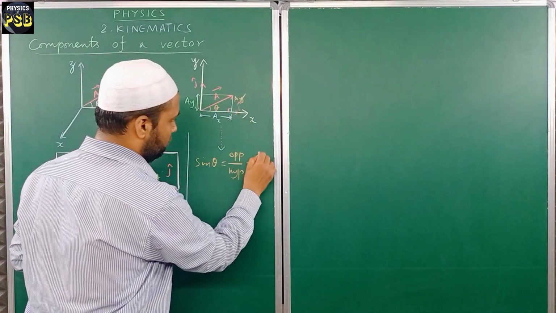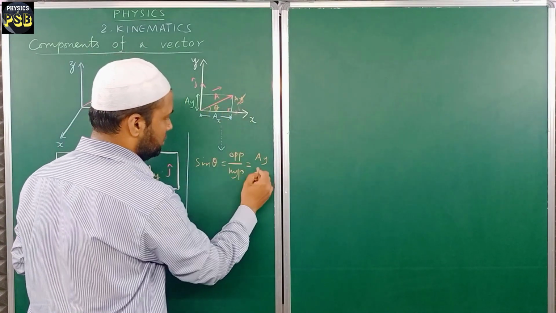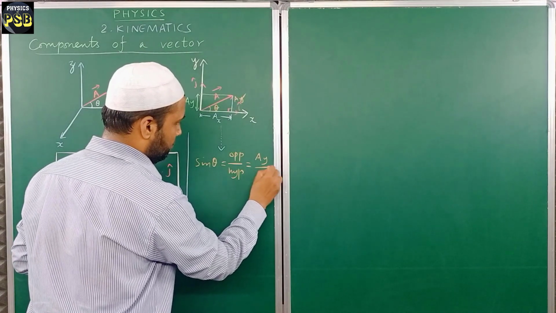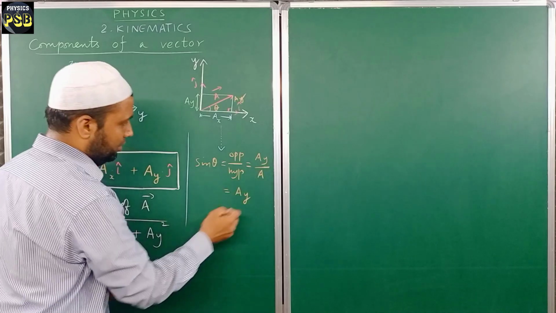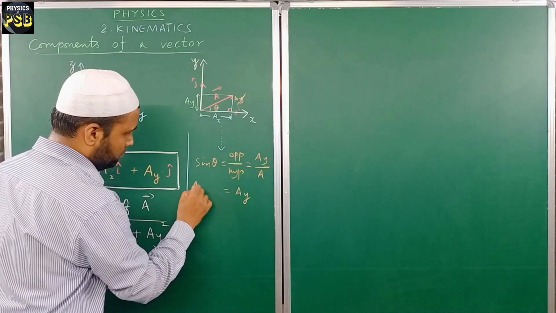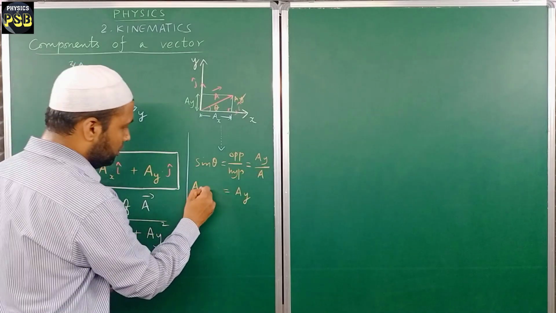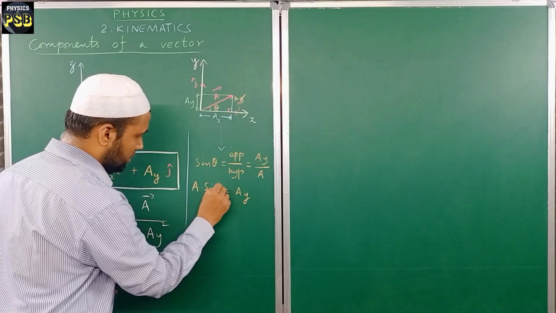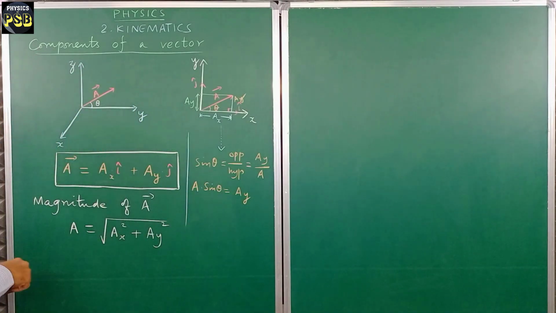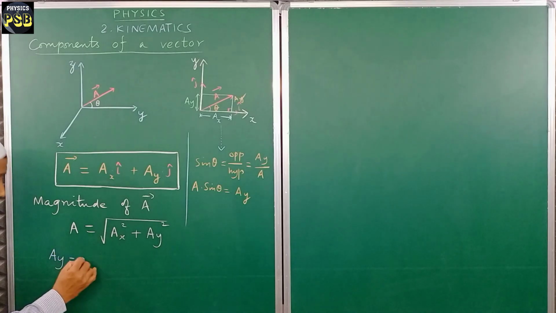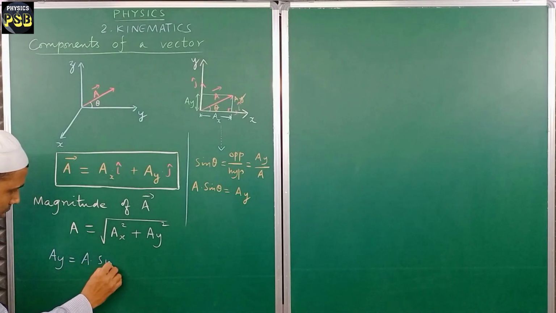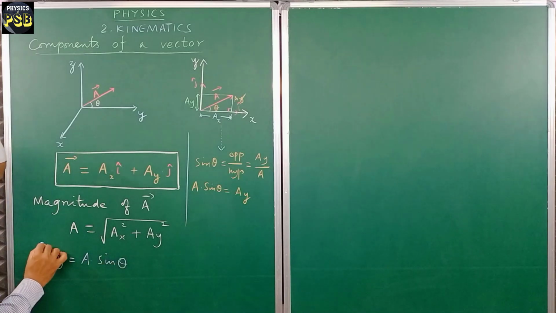Opposite side is AY, and hypotenuse is A. On cross multiplication, AY equals A sin theta. Box this.